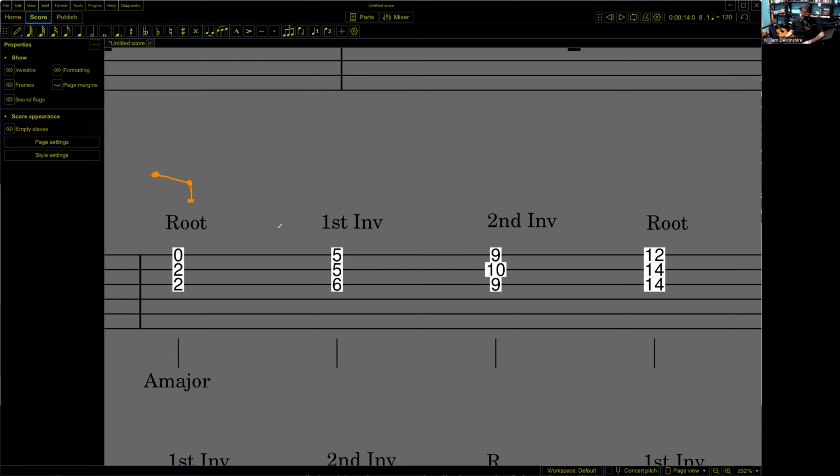And then the first inversion pattern, I just kind of see it as like an R, like a lowercase r. You can see it however you want. I don't know how you want to view that pattern, but I kind of just think of it like that.